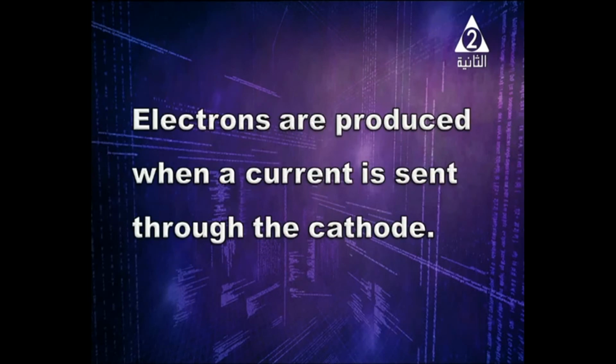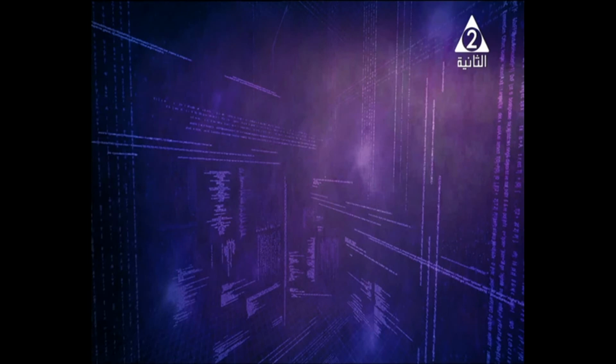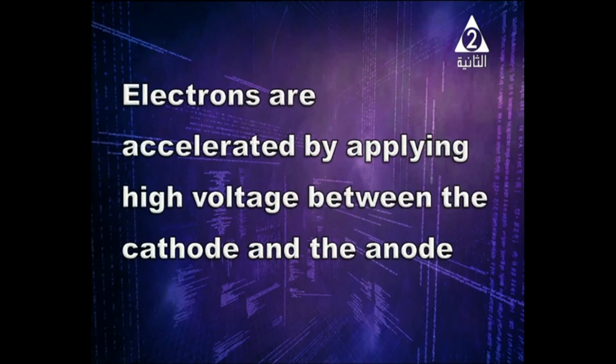Okay, we'll take it one by one. Electrons are produced when a current is sent through the cathode. And what about accelerating the emitted electrons? Electrons are accelerated by applying high voltage between the cathode and the anode.